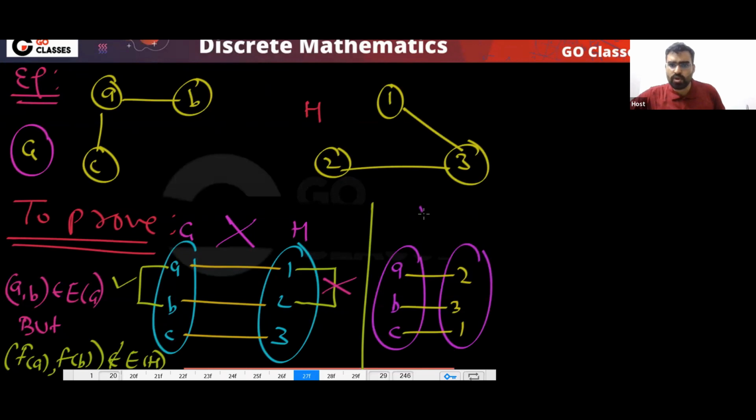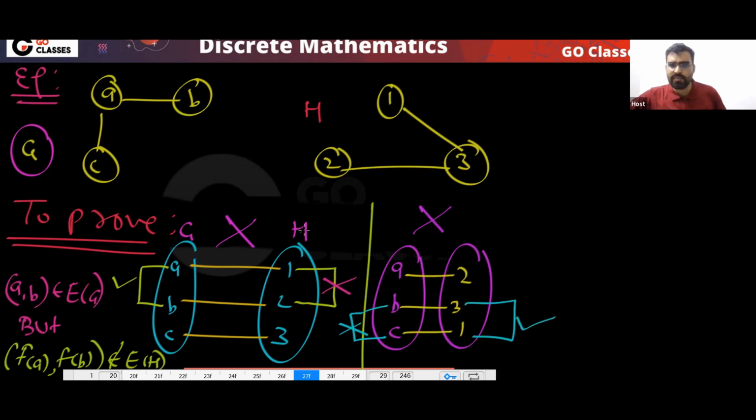This bijection will also not work. 2, 3 have an edge, and A, B also have an edge. That is fine, very good, there is no problem. But why will this bijection not work? See, if you notice, B, C don't have an edge, but 3, 1 have an edge.